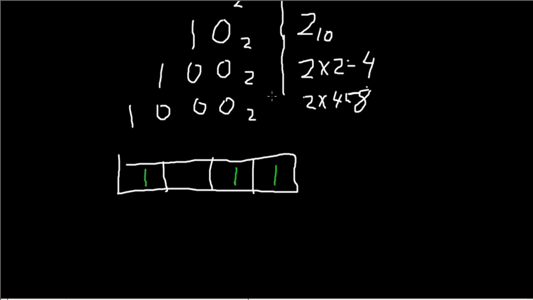Okay, so what we just learned up here, this is the ones column, this would be the twos column, next one would be 4. This is the weight of the digit that appears in that column, or the place value.